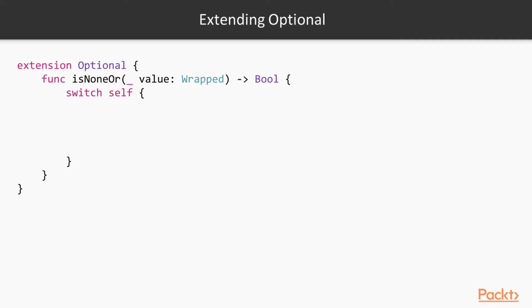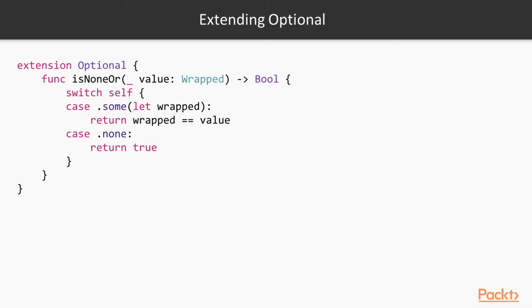Let's start writing it. Since optional is an enum, it makes sense to use a switch statement for such a method. Optional has two cases, some and none. Let's start with none, the simplest. Of course, if the optional is none, nil, we just return true. Next, the case some. This is where we'll use the associated value ourselves for the first time. When we write the case statement, we can access the associated value like this.